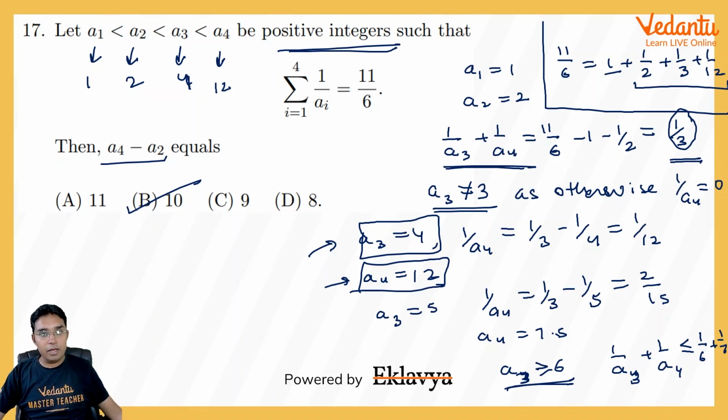By checking your calculations, by hit and trial, you can check these are the values we are getting. And because of the way they are asking, there should be only one answer. You can rely upon these values also, but this was the proper method which I have discussed with you.